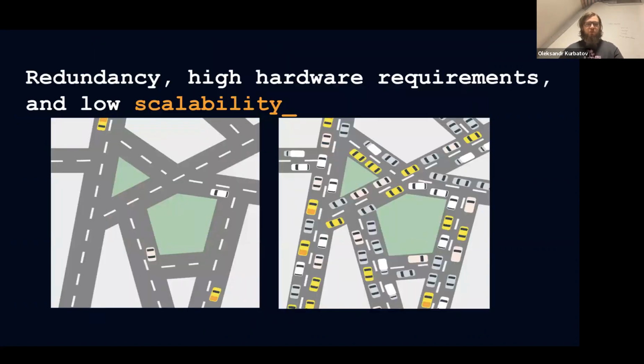The next one: these problems are linked with redundancy, high hardware requirements, and low scalability. It means you can develop the architecture of a system that can support, I don't know, dozens of transactions per second. And just imagine that your architecture wasn't built in a way that could support 1,000 transactions per second. You can see that in Bitcoin.